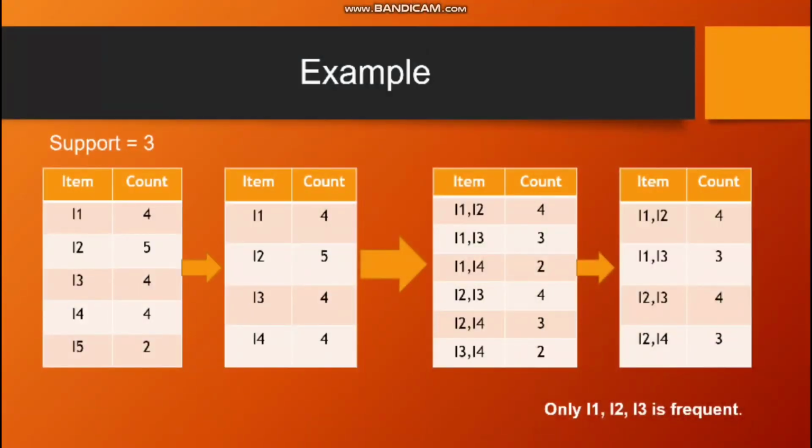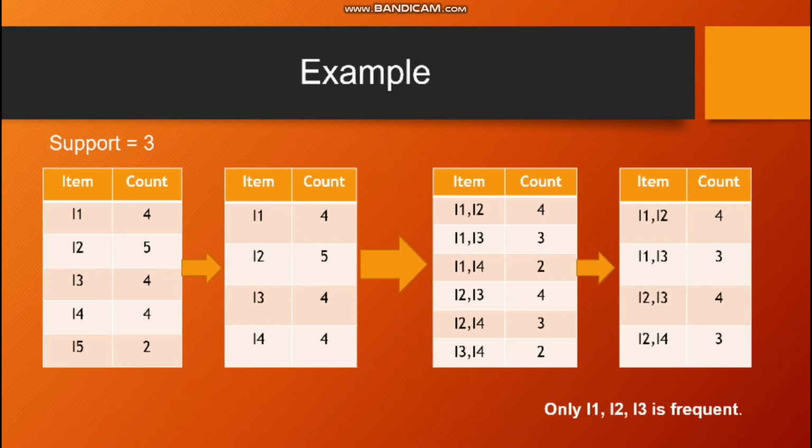Now we have support equal to 3 and confidence equal to 60%. Now we need to create a table in which we take items separately, like I1, I2, I3, I4, I5. We need to check how many times I1 occurs; you can see I1 occurs 4 times, so the count will be 4. I2 occurs 5 times, so the count will be 5.